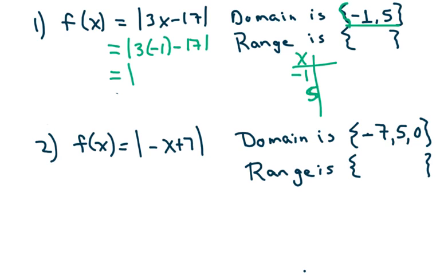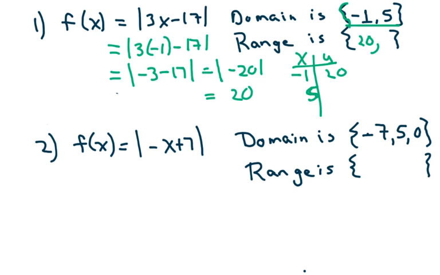That's going to give us the absolute value of negative 3 minus 17, which equals the absolute value of negative 20, which equals 20. So when x is negative 1, our y is 20. So that goes there, comma.